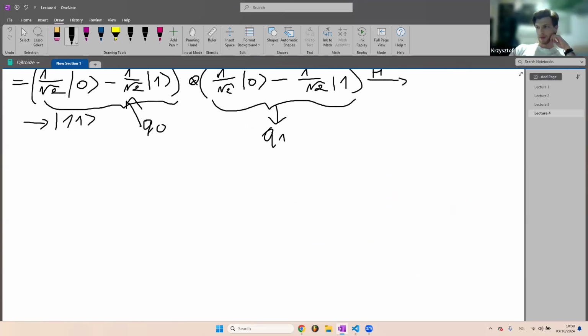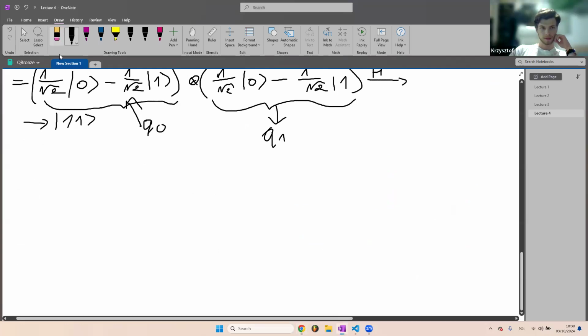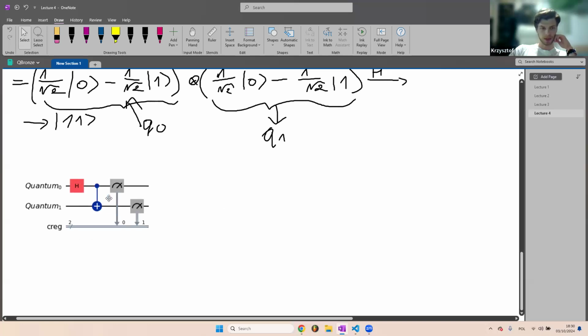Now let's move on to the entanglement protocol. And we will start with the circuit right here.